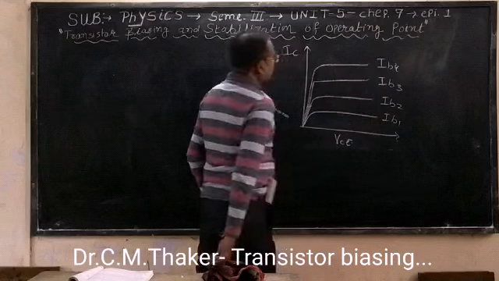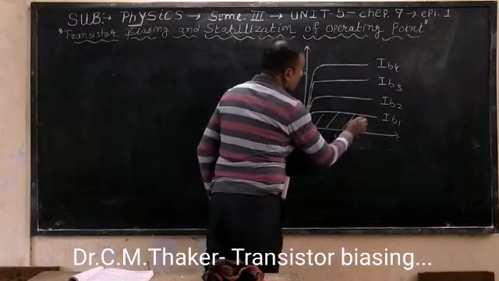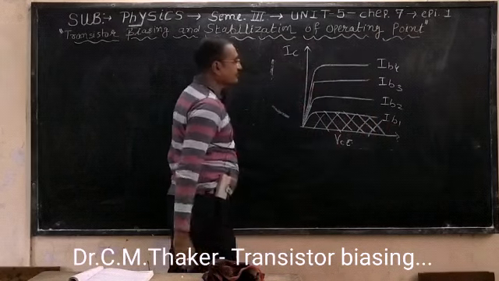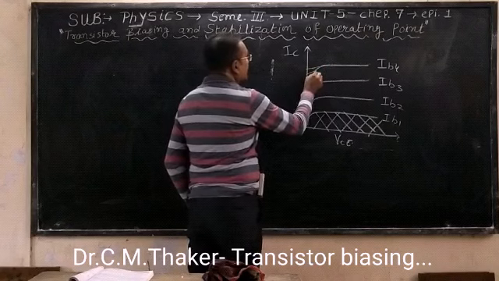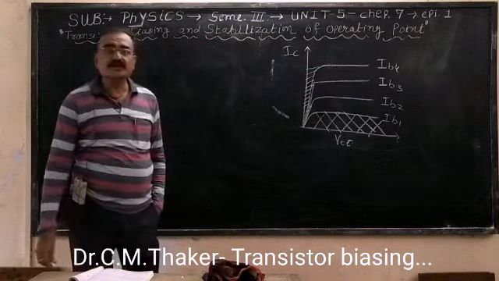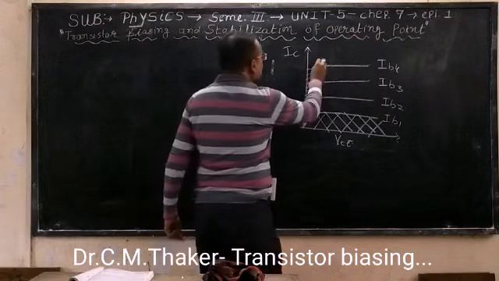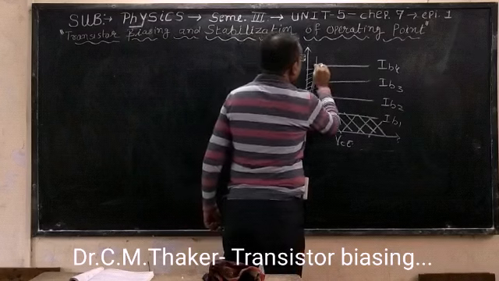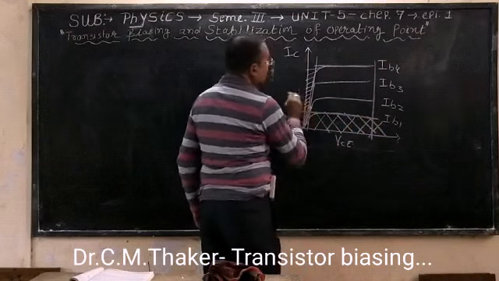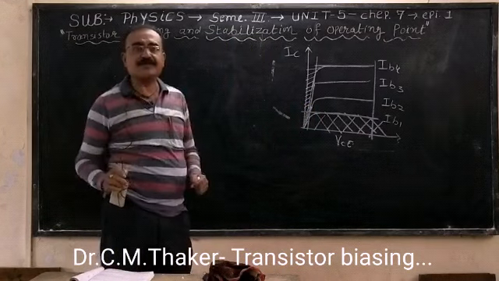In this output characteristic, there are three regions. This region is known as the cutoff region. This region is known as the saturation region. And this region is known as the active region. So we have to operate the transistor in the active region.